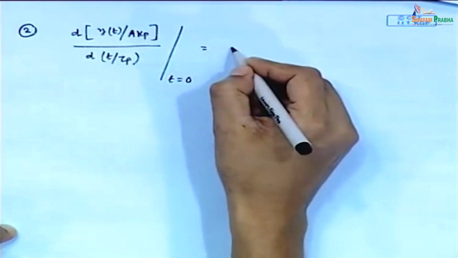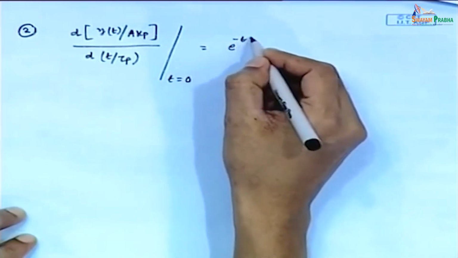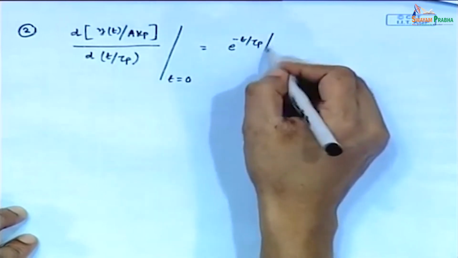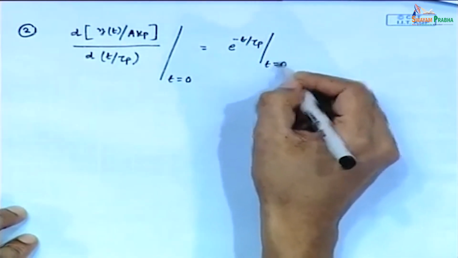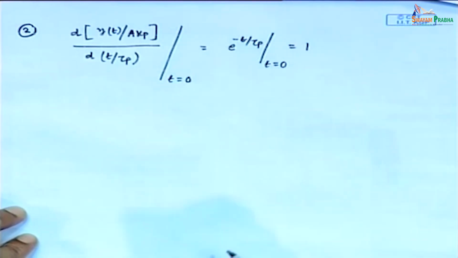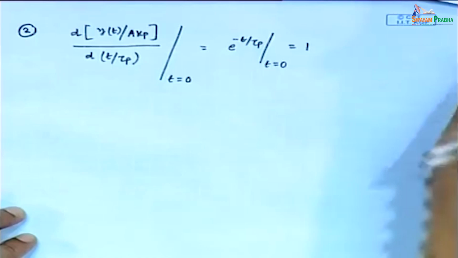How much is this? Exponential of minus t by tau p at t equals 0. So, slope is 1, fine.